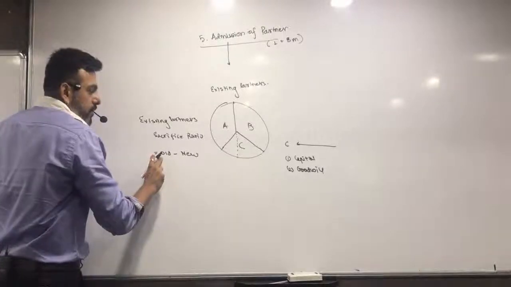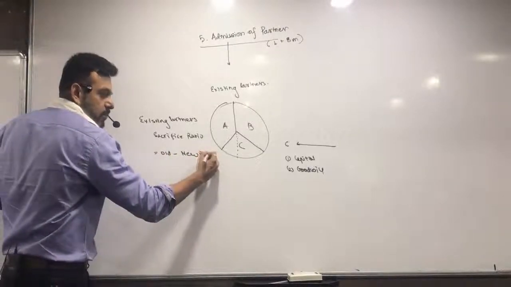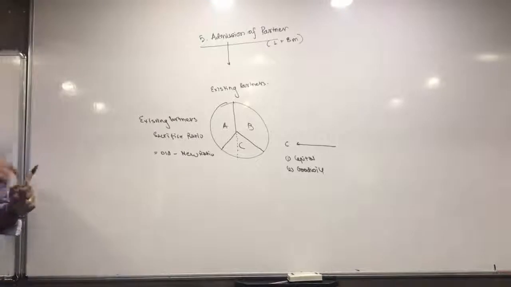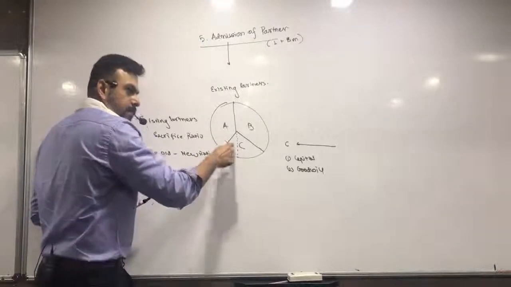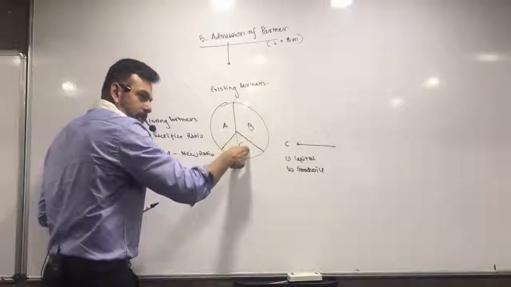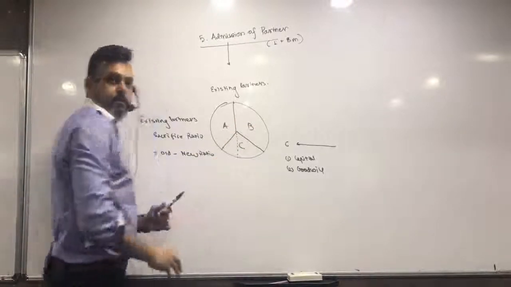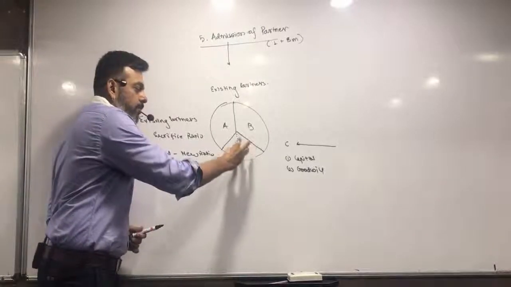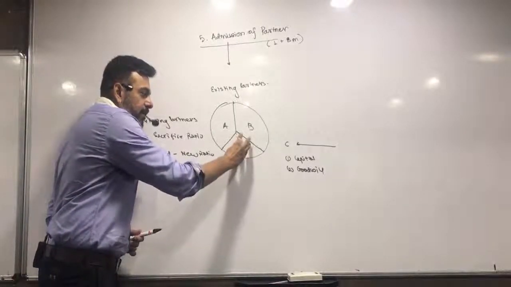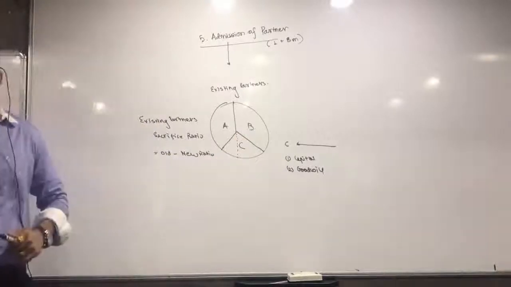So old ratio minus new ratio. Understood this? Can I also say that sacrifice of A plus sacrifice of B is equal to gain of C? Or can I say that's the portion of profit which C is going to share?